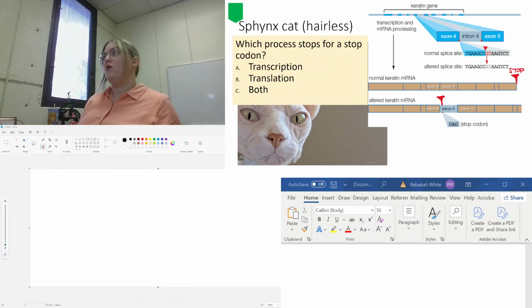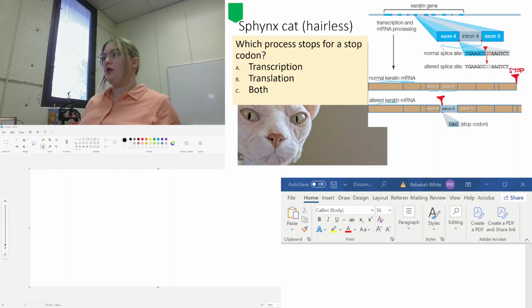So in this normal keratin mRNA, we get intron 4 taken out, right? Intron 4 gets removed, and we see exon 4 and exon 5, and there's nothing in between them.